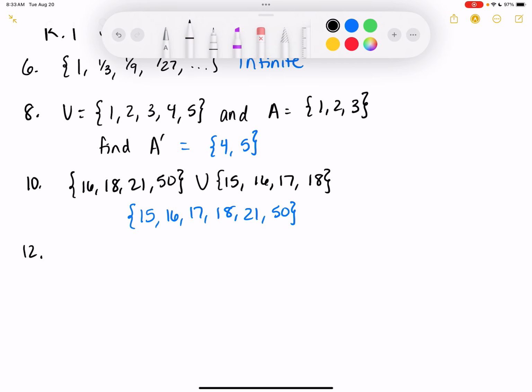We have the set 1, 2, 3, 4, 5, ..., 75. First, is this set finite or infinite? Yep, it is finite because it has a specific start and a specific end. And then is the number 10 in this set?